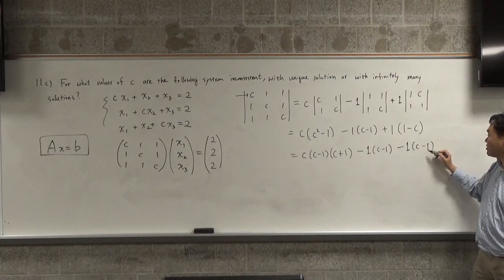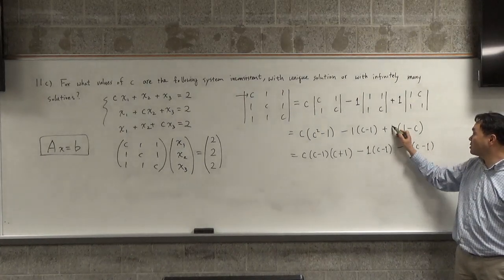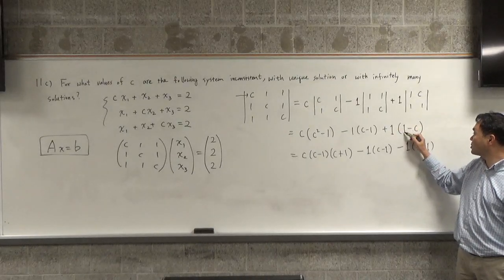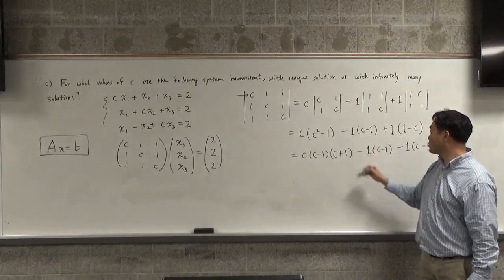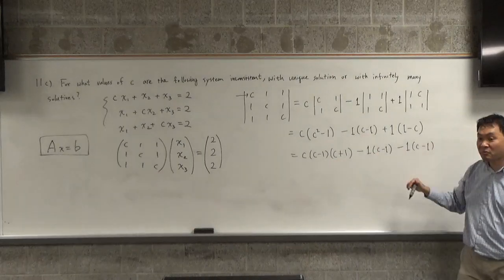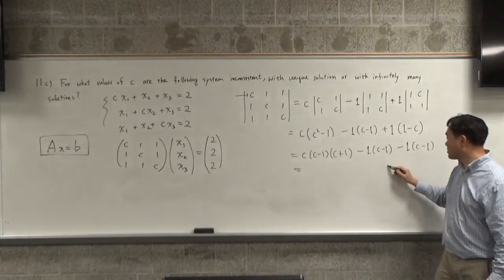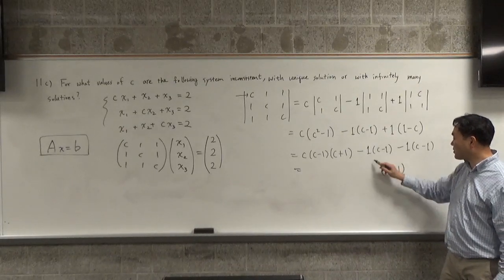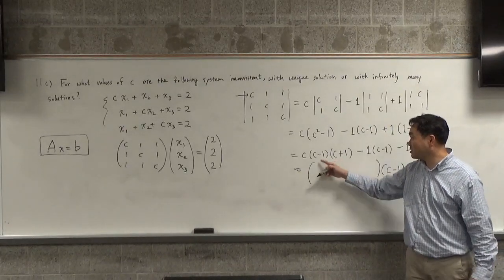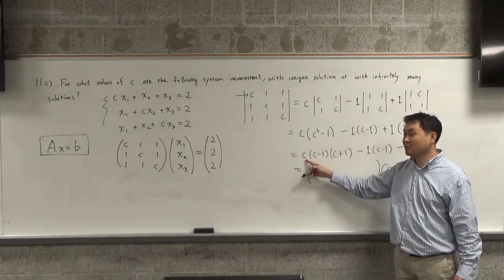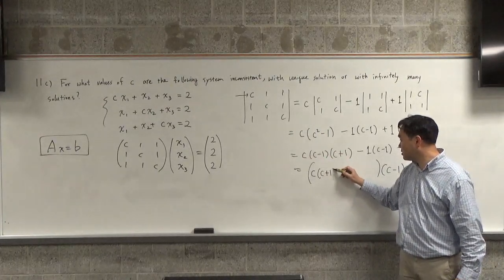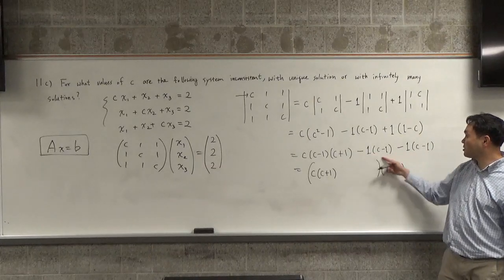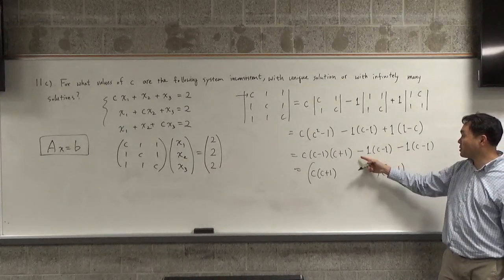Now I like this because once you have it in this form, then C minus 1 is a common factor, so I can factor that outside. If I factor the C minus 1 outside, then these things are left behind, right? So it's C times C plus 1. What's left here?